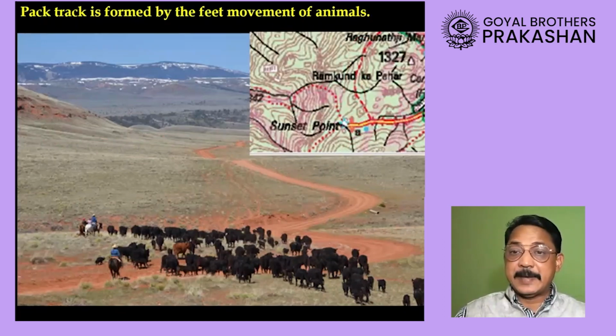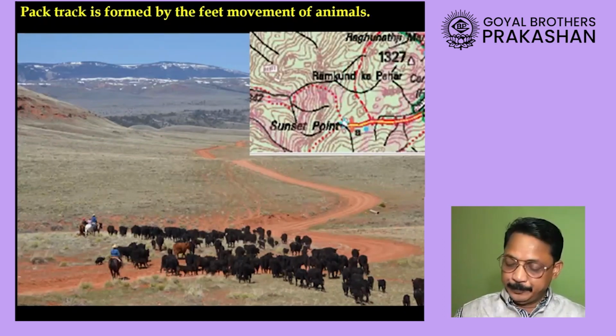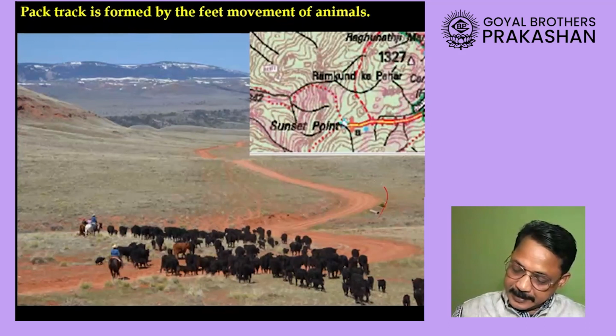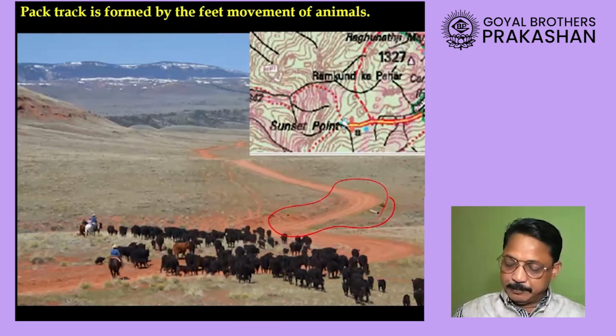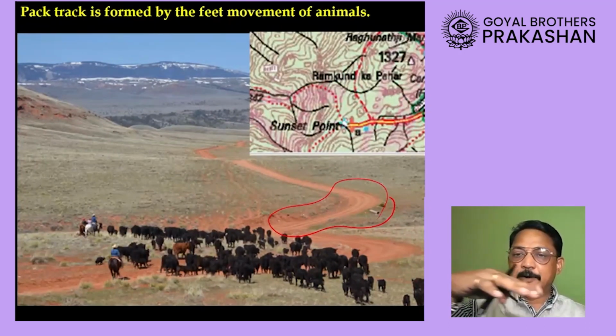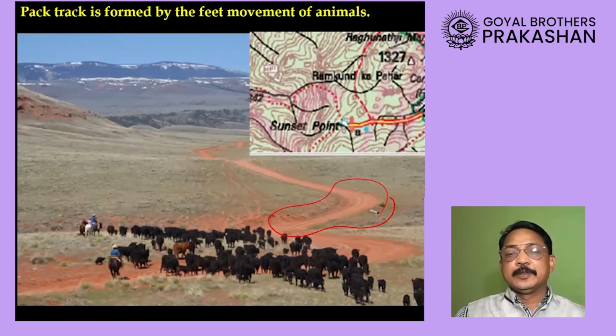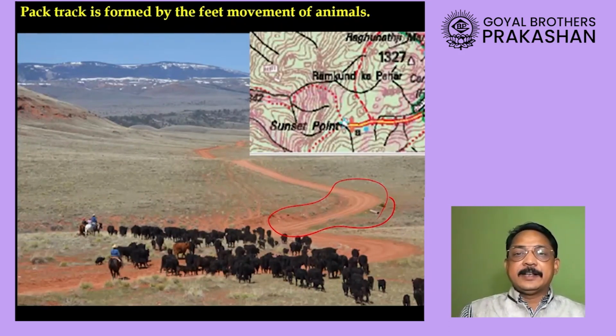What is a pack track? As you see here, this track is formed, dear student, because of movement of cattle here. We call such a patch of road formed by the name pack track. So a pack track is formed by the feet movement of animals.